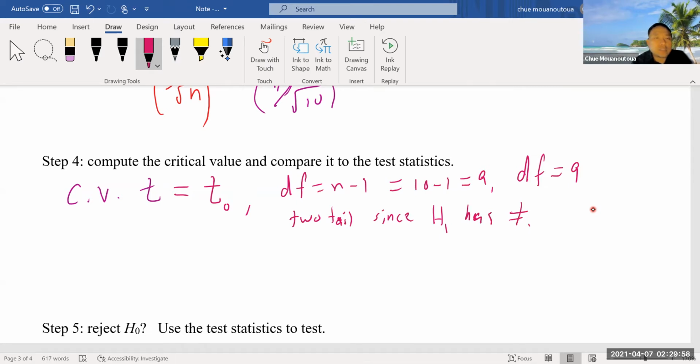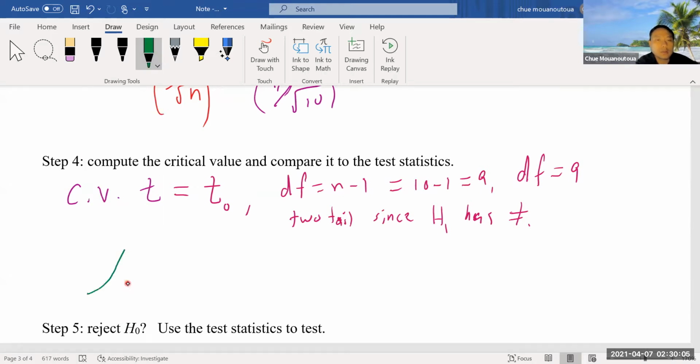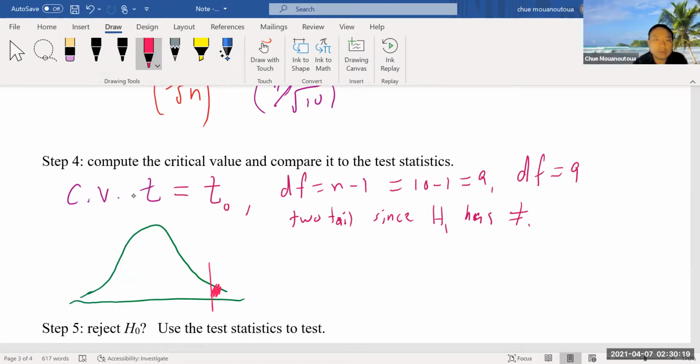Now, if I'm going to draw this, this is still a normal curve, so I'm going to draw a normal curve. This is a two-tailed test, so we're going to draw both sides of it. We're going to draw both ends, left tail and right tail. I'm going to draw with the critical value.